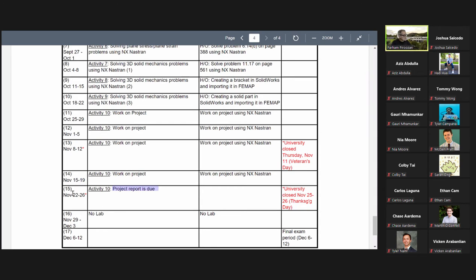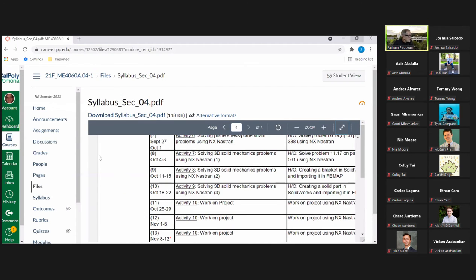Canvas will accept your report from Monday, November 22nd, 23rd, and 24th during our lab period, no later than that. Canvas will not accept anything later than that, and you should make sure that you submit your work on Canvas, not by email.